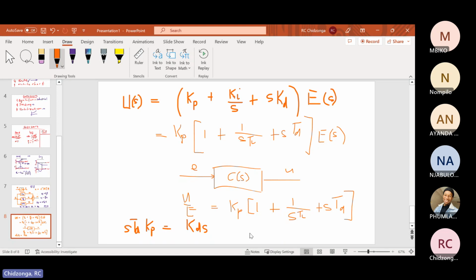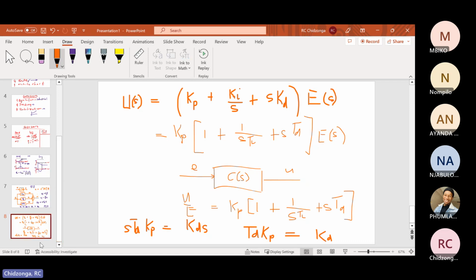Or you can write your Td as Kd divided by Kp, right? So Td times our original Kp is equal to Kd. You are just equating coefficients of like S terms. So you can interchange your expression either in this form or in that form, right?